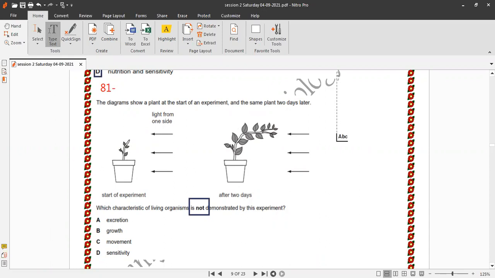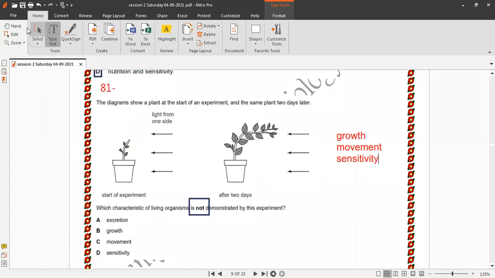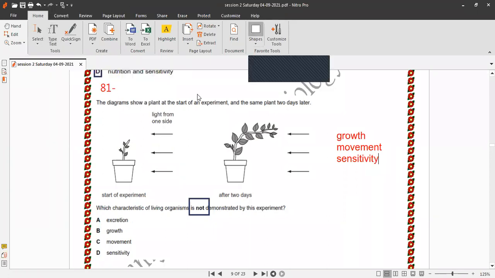Excretion. Because here, what happened? Growth, movement towards the light, and sensitivity to the light. So the correct answer here is excretion.